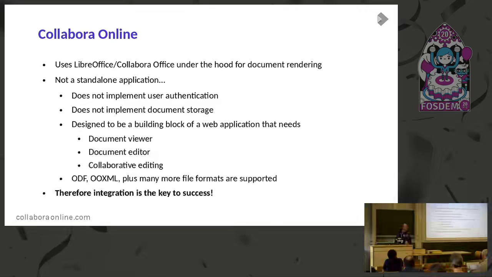So if you want multiple columns, footnotes, endnotes, sections in a text document, you can have it in online. Unlike the other online document editors where you don't get these features or you get warnings to switch to the desktop version.